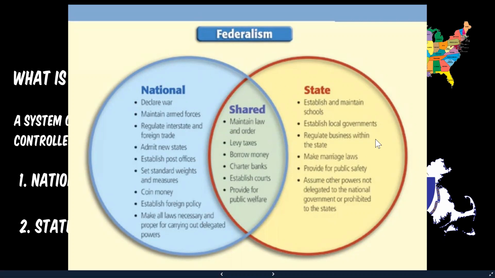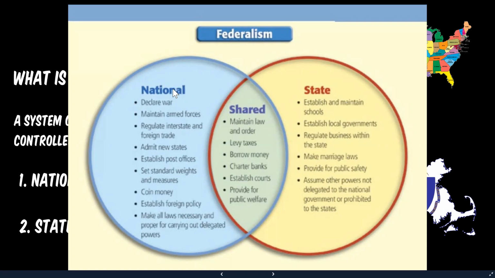We will go over this in a little bit more detail later on, but this is just a quick view. So under federalism, you have national or federal government, you have state government, and under each one are the powers that the Constitution gives the national government and the powers it gives the state governments, and then it gives the powers that both have. So for example, to regulate business within the state, only the state can do that.